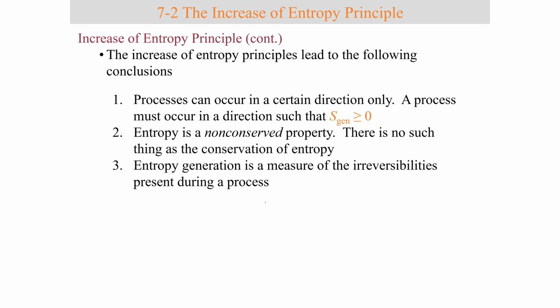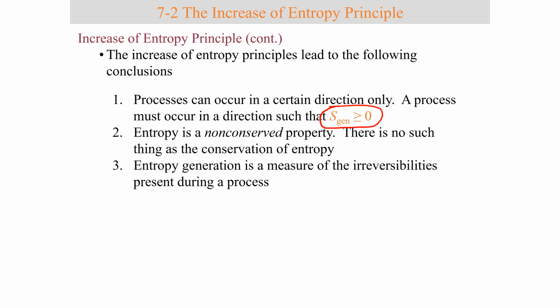Okay. The increase of entropy principle leads to the following conclusions. 1, processes can occur in a certain direction only. A process must occur in the direction of increasing entropy, not in a direction of increasing delta entropy, but in a direction of increasing entropy.